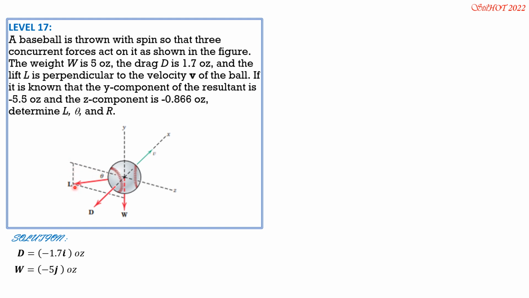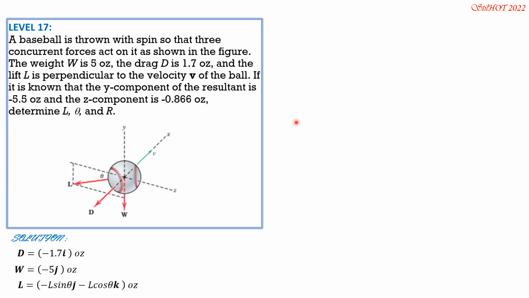This is L sine theta, but negative. Along z, L cosine theta, but negative also. So the lift in vector form is negative L sine theta j, negative L cosine theta k.